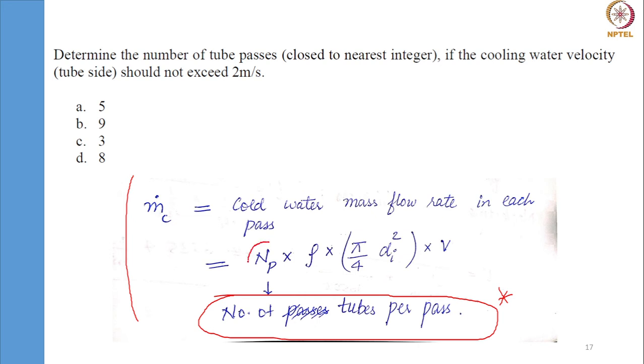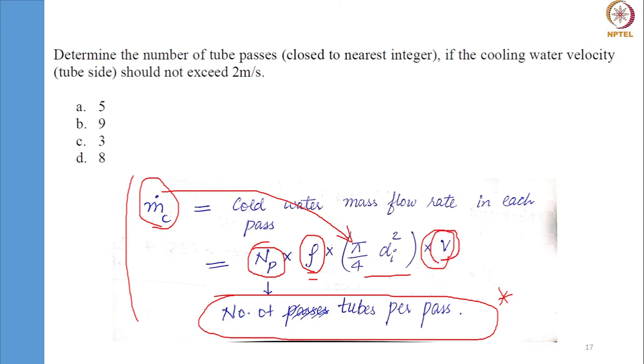I think we should be able to find NP from this. M dot C is known, 60 kg per second. Rho, we are going to take as 10 cube kg per meter cube. M dot can be written as rho A V basically. So rho times area of cross section times velocity. Velocity is known, it shouldn't cross 2 meters per second.